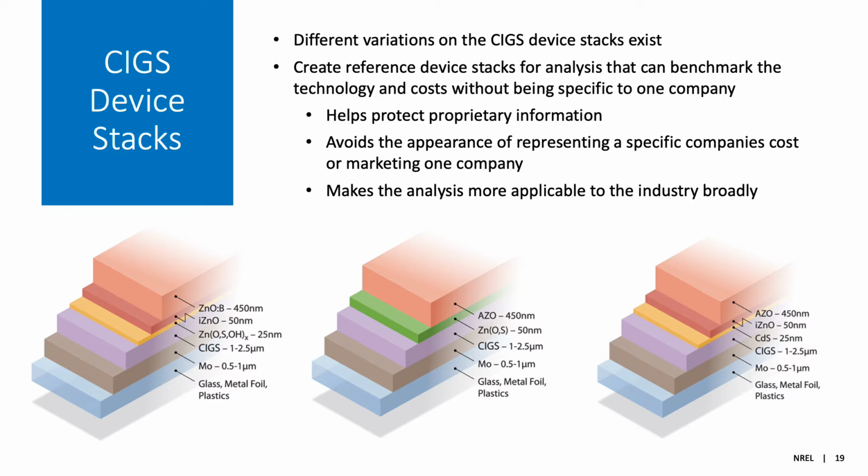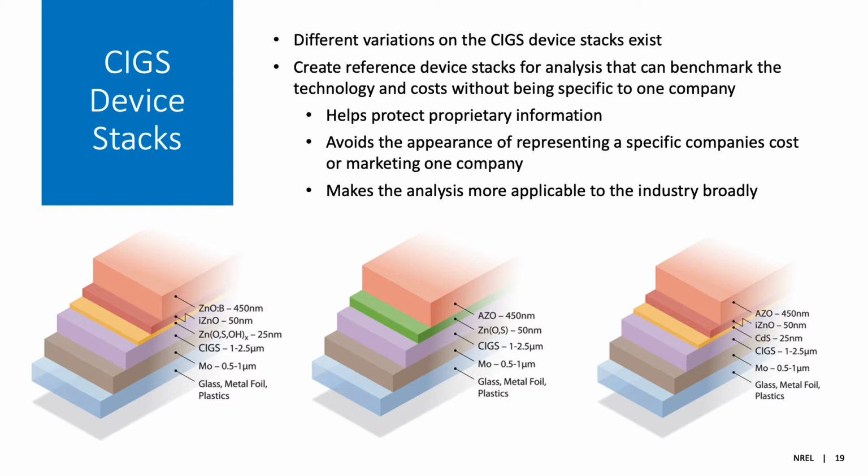And when we're creating device stacks, or if you want to do this on your own, there's really a few key things that are important to consider. You really want to make these so that you're benchmarking the technology and its costs without being specific to one company, and so that you can generally inform R&D directions. And there's a few reasons why it's really important not to try to represent one specific company.